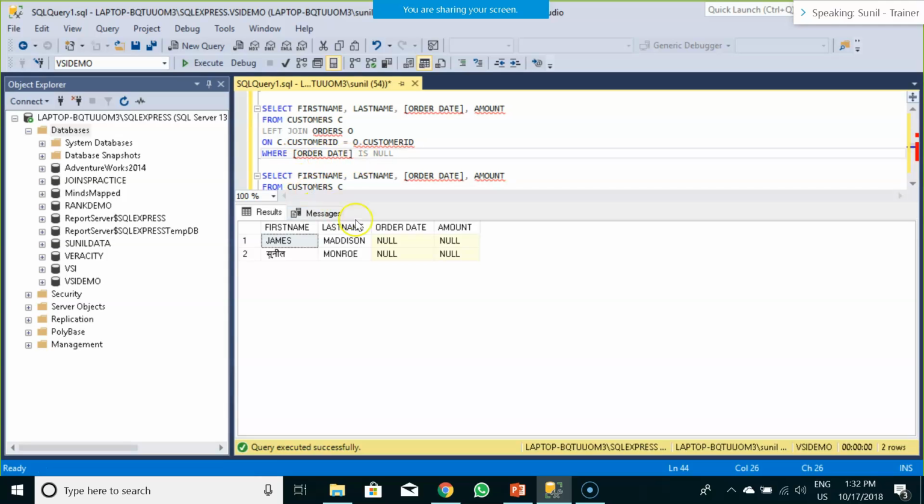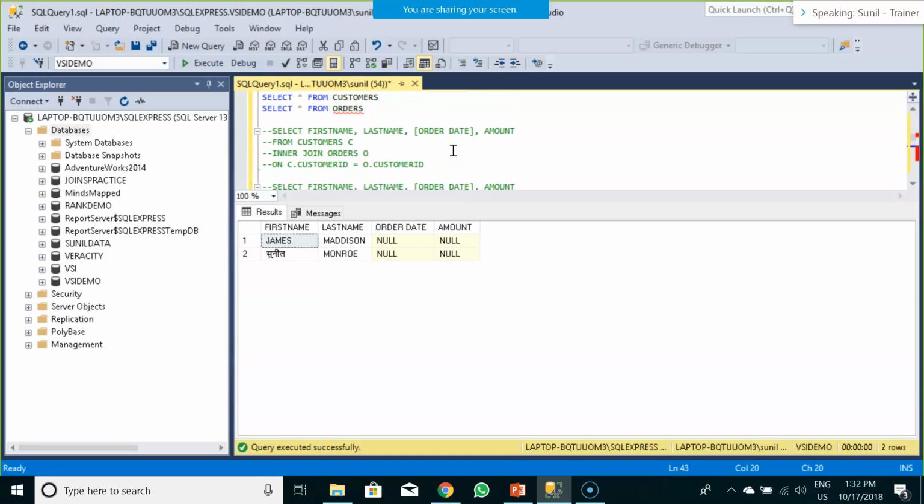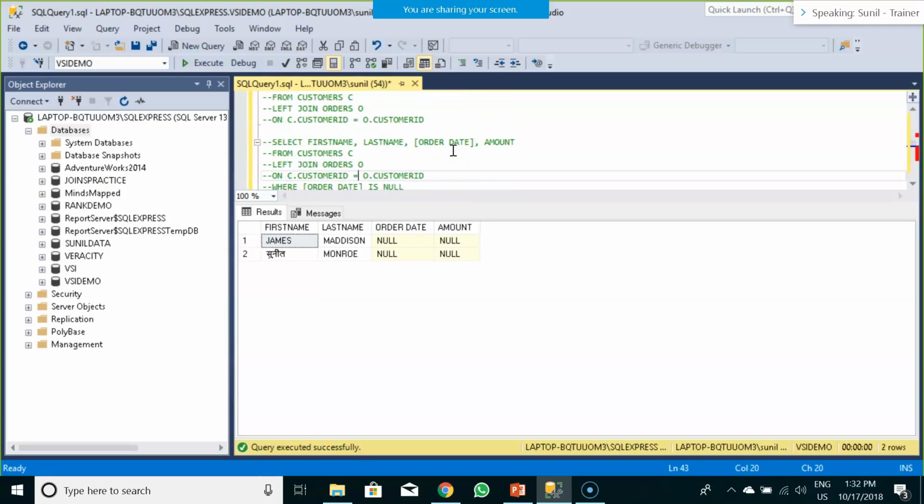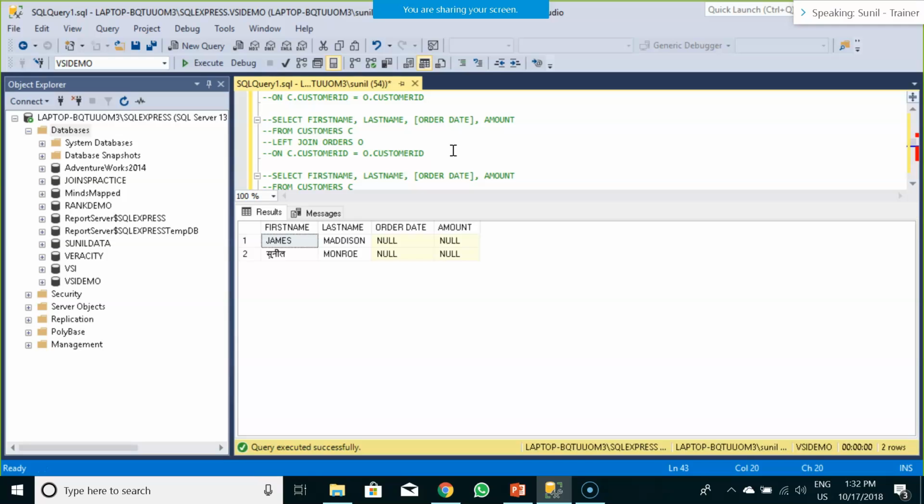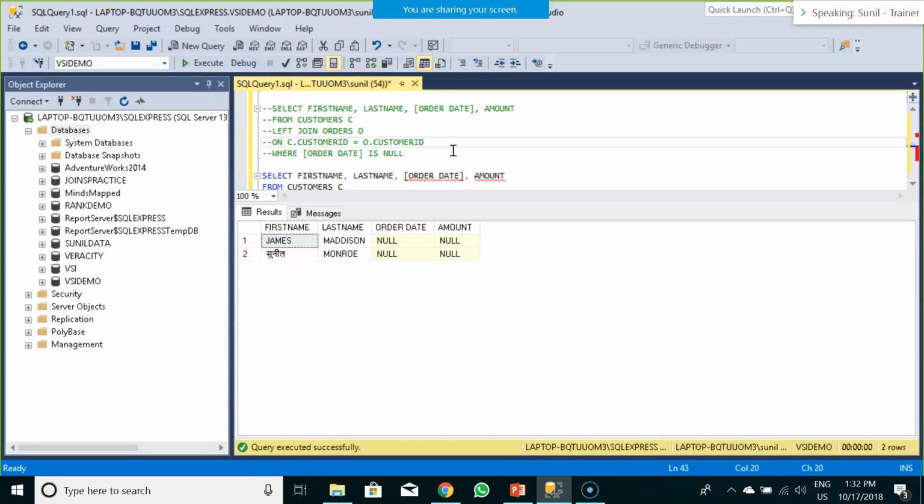So what we would do, we would put is null on order date. So wherever the order date is null, that implies the customer hasn't placed any order. So you can apply n number of additional filter criteria upon the left join or inner join, or for that matter any kind of join you are dealing with.